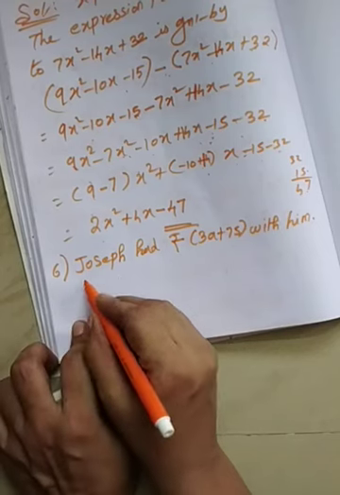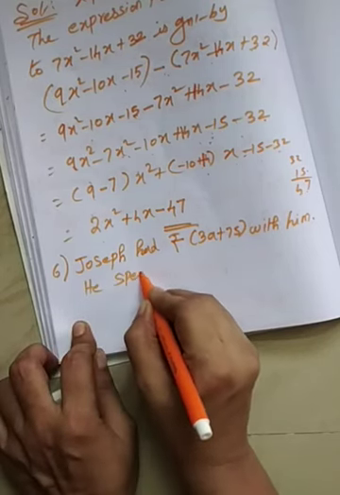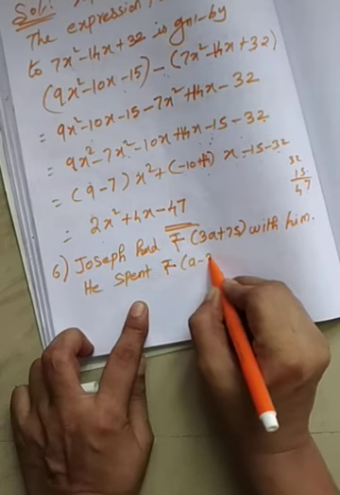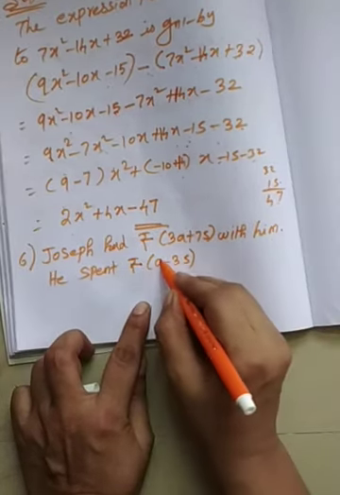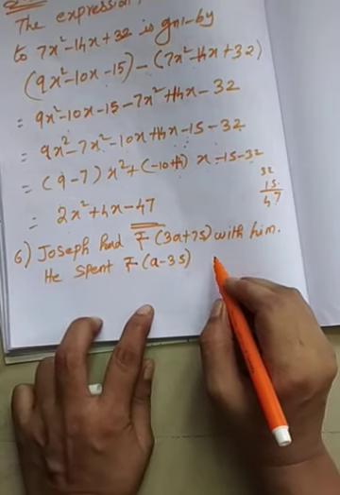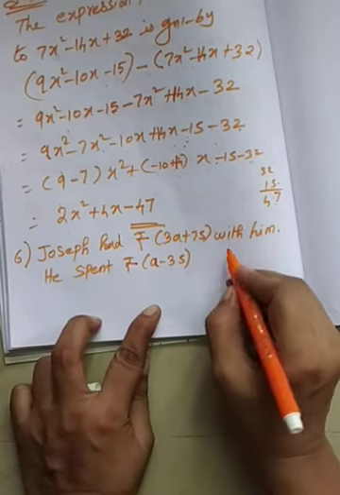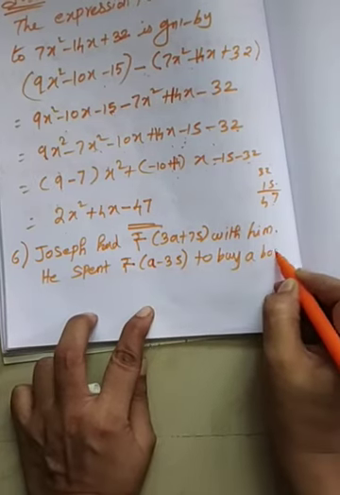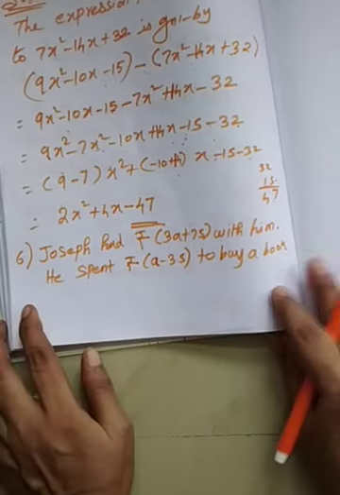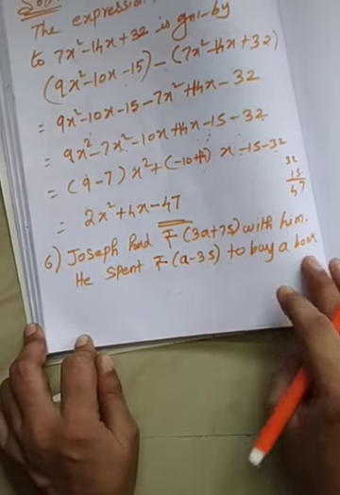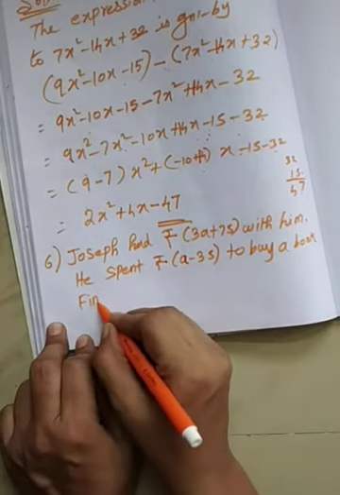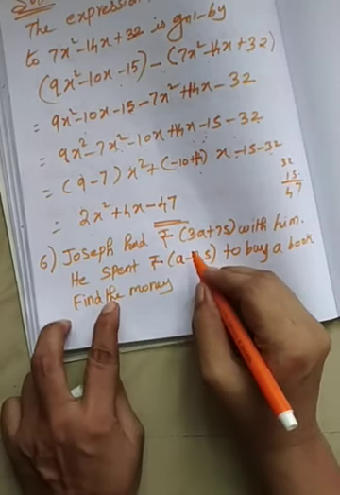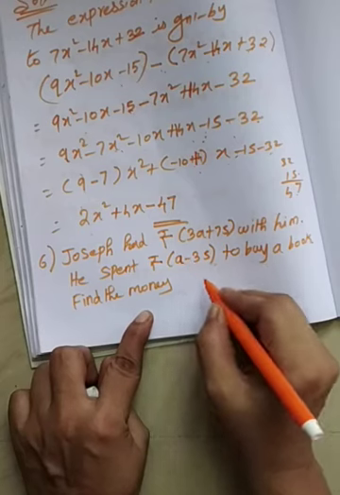He spent rupees a minus 35 to buy a book. Find the money left with him.